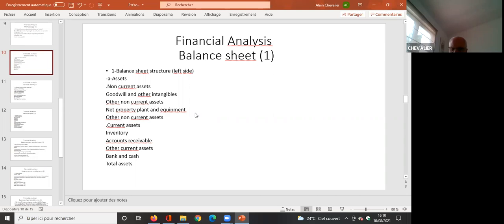I go down here and let's take a look together at the accounts receivable. Accounts receivable can also be very important. It depends on the activity and depends mainly on the credit you accept to give to your customer. Very often it's mainly a tradition. You know, in some industries, we have a tradition, in different countries also, of credit given to the customer of 30 days, 60 days, 90 days, as we say.